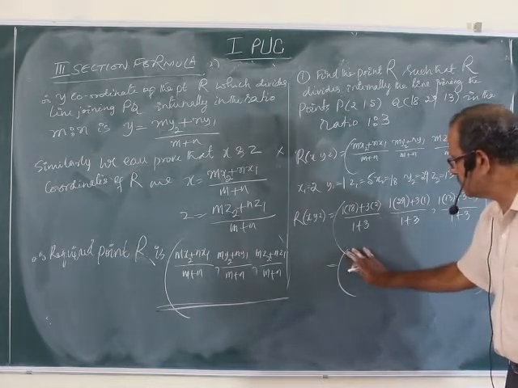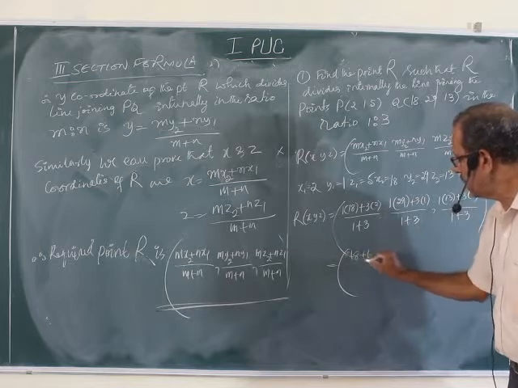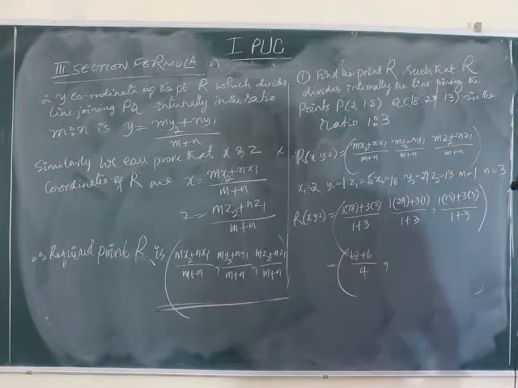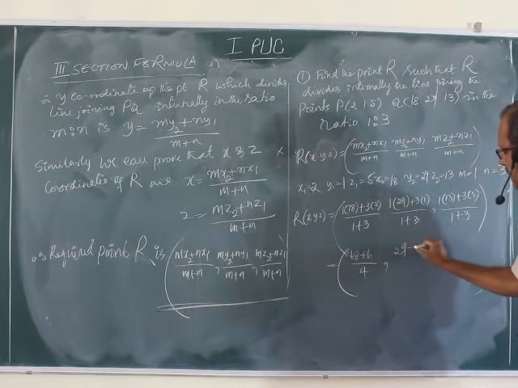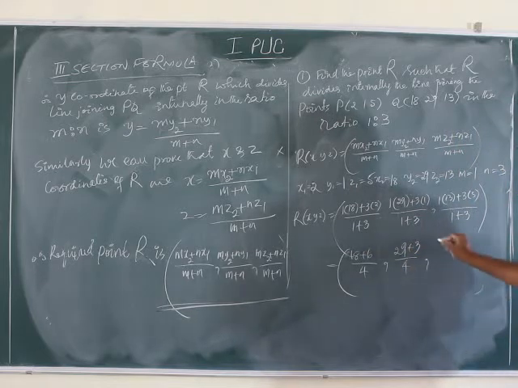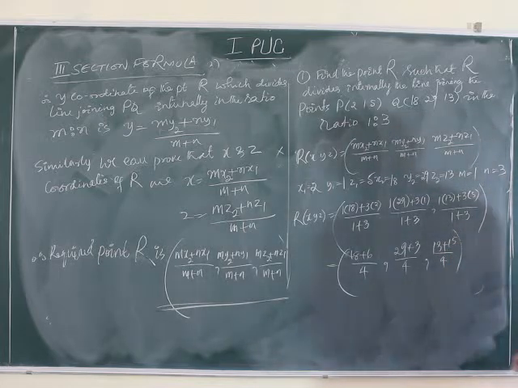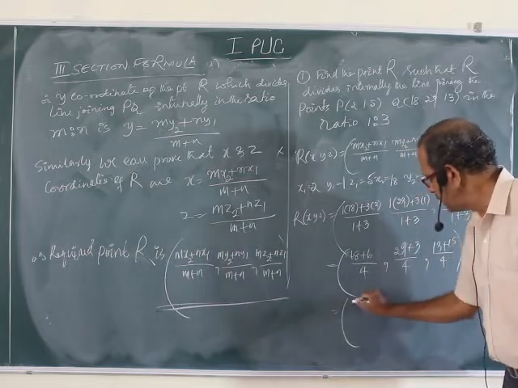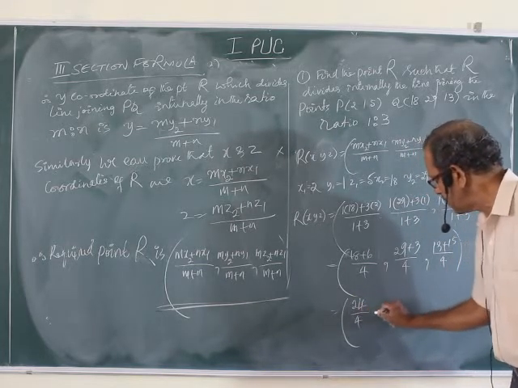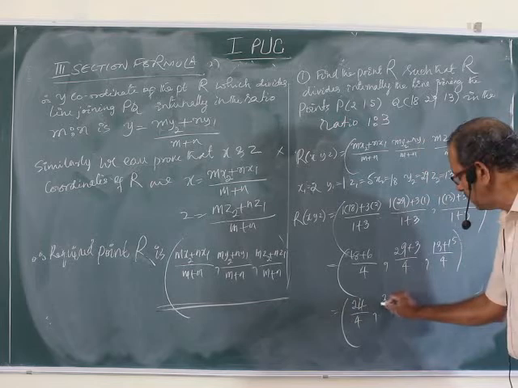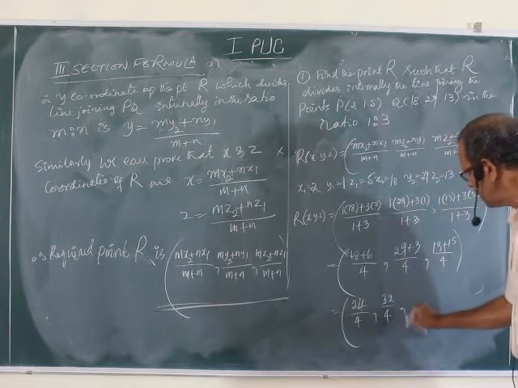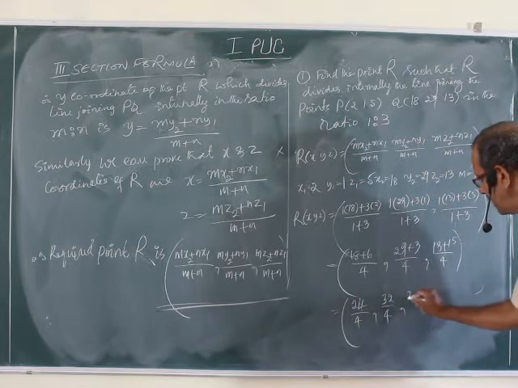So 18 plus 6 by 4, 29 plus 3 by 4, 13 plus 15 by 4. The answer is 24 by 4, 32 by 4, 28 by 4.